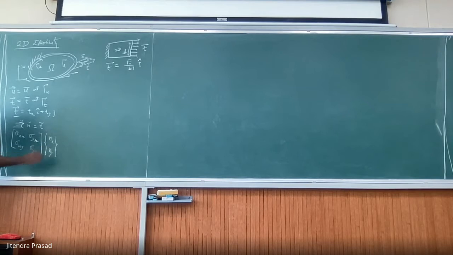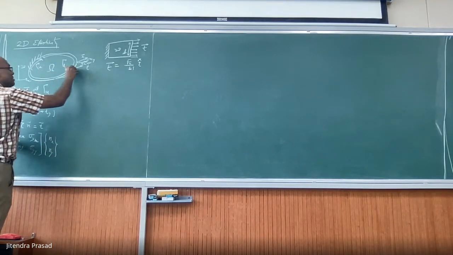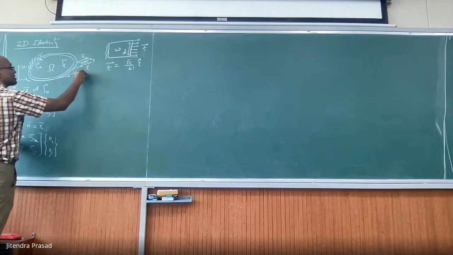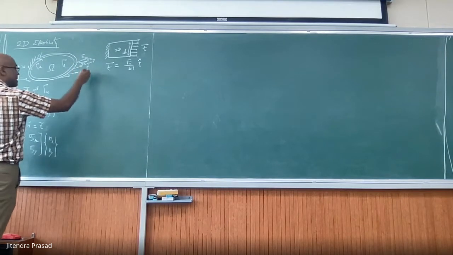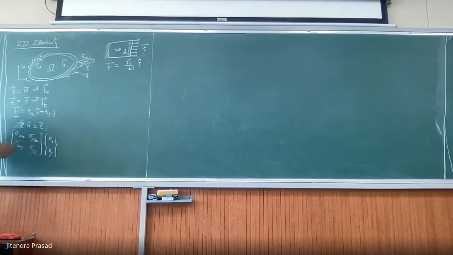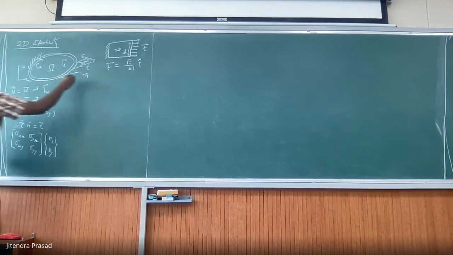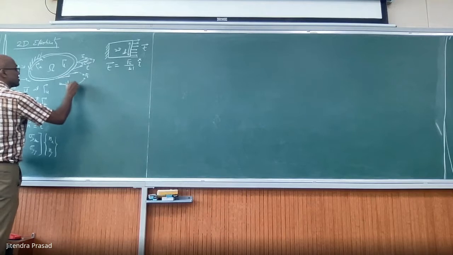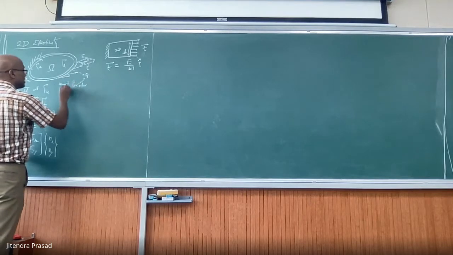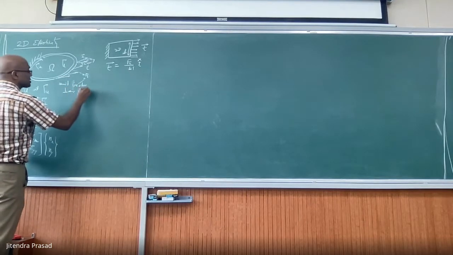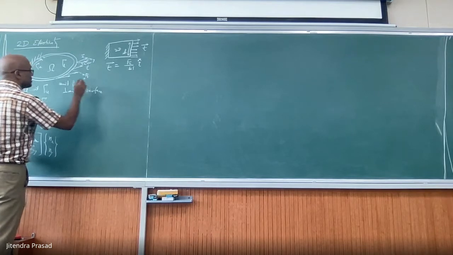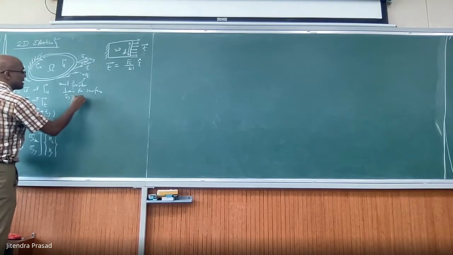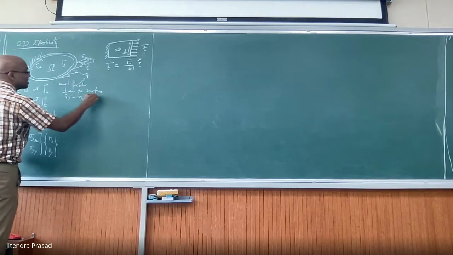As you know, n_x and n_y is nothing but the unit vector perpendicular to the surface. So this n is nothing but n_x i plus n_y j.